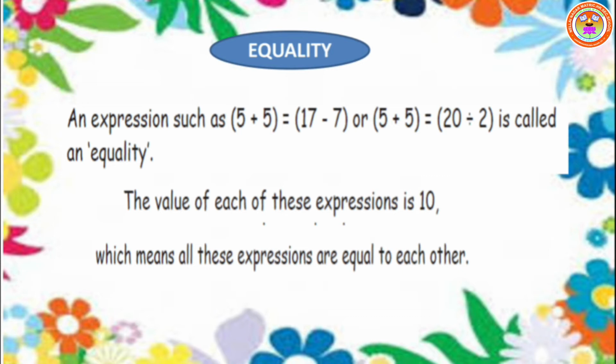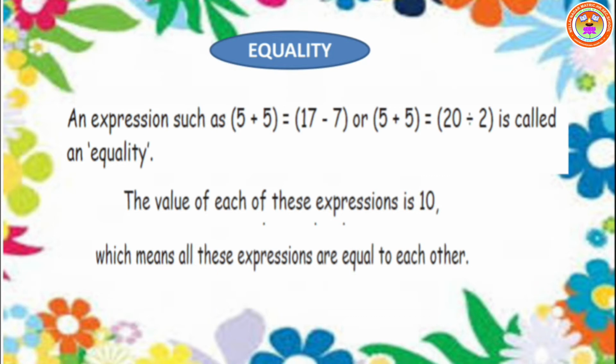See this sentence given here: an expression such as 5 plus 5 will produce 10. 17 minus 7 will produce the result 10. So I can say 5 plus 5 is equal to 17 minus 7. These two expressions are equality expressions.